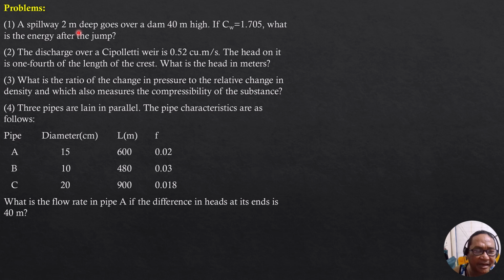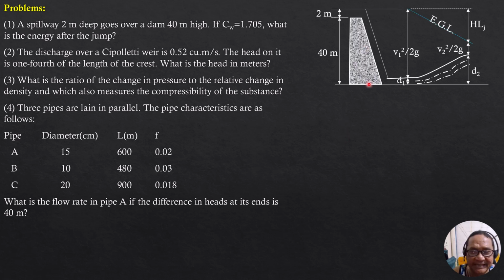So between the upstream side of the dam and the apron where we have depth 1, section 1, and V1, we ignore losses because it's not stated in the problem. So if this is the dam, this is the height of the dam, 40 meters, and that's the depth over the crest of the dam, which is also the spillway, and that's 42 meters.